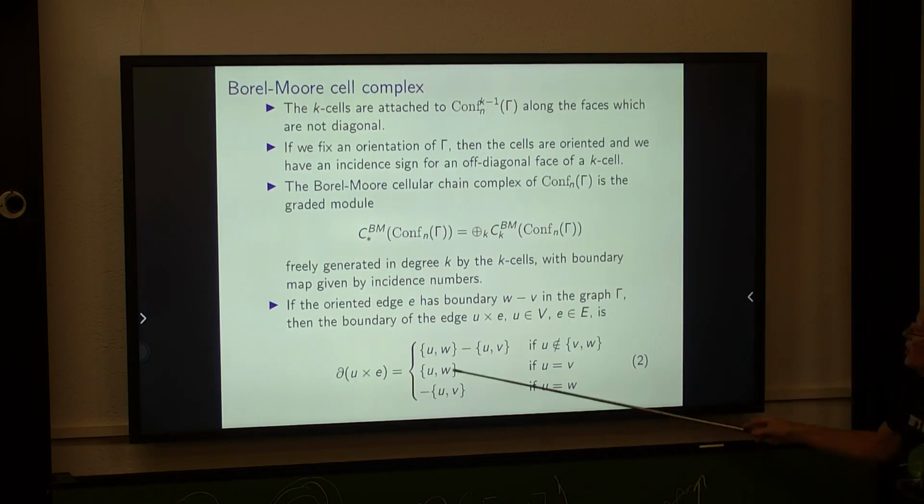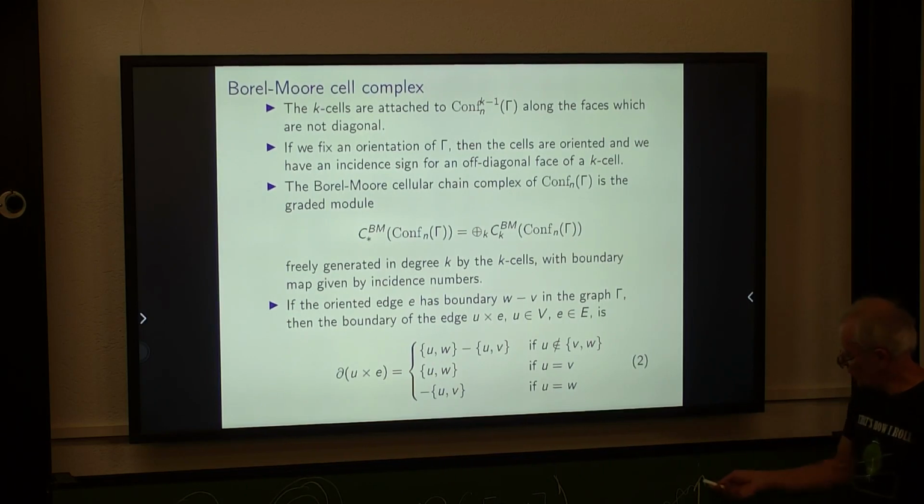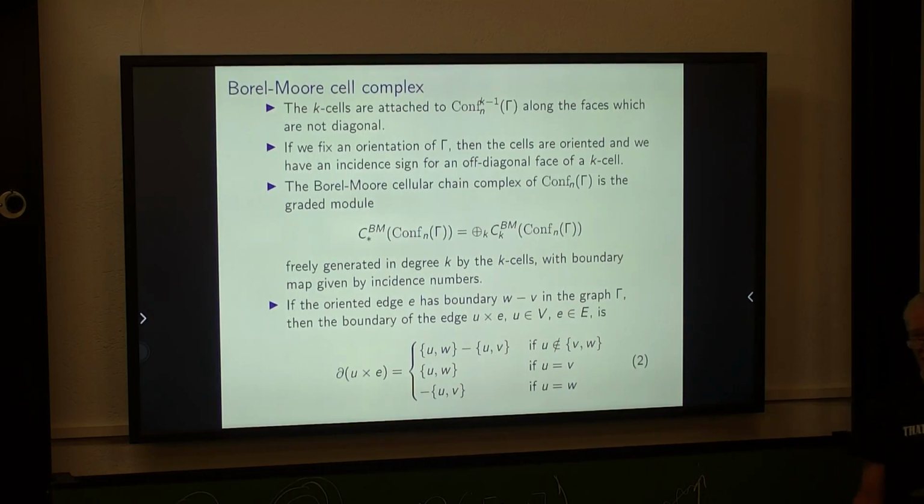You cannot, in this situation, if U equals V, the UV configuration is excluded, it's in the diagonal. Or if U equals W, you just get the incoming point. So U edge, it's clear here. Here, if you take this, the boundary here is at infinity. So the boundary of an edge may have only one contribution.